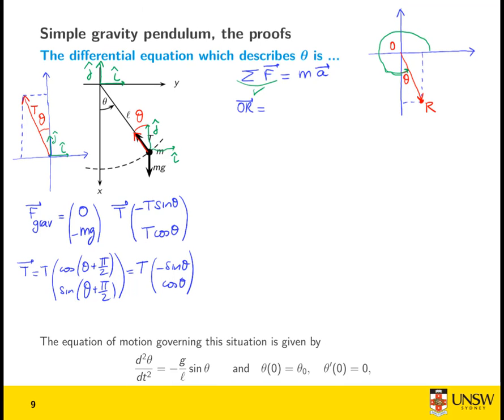The position vector has two coordinates. Let's first look at the horizontal one, which can also be seen here. Using this right angle triangle, where the hypotenuse has length L, because that's the length of the chord, we can see that this distance right there is going to be sine theta times L.